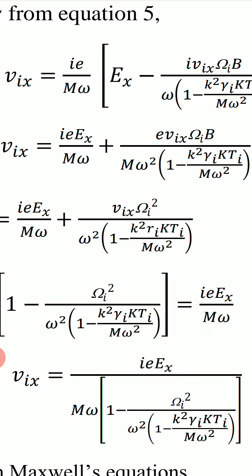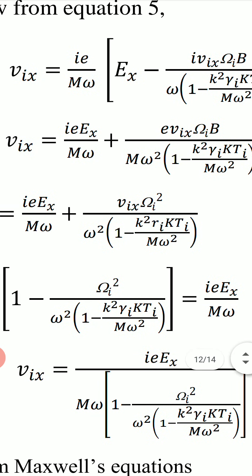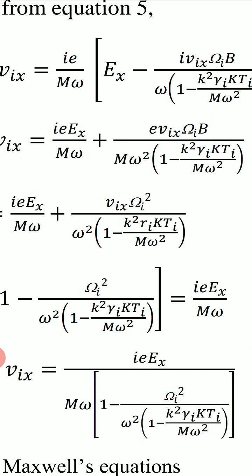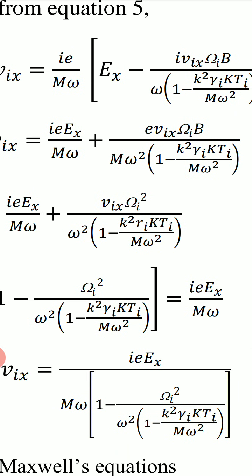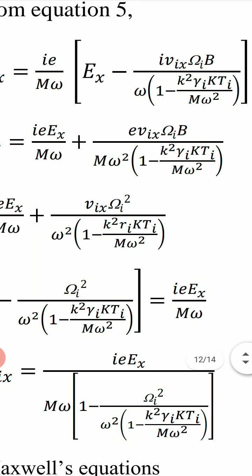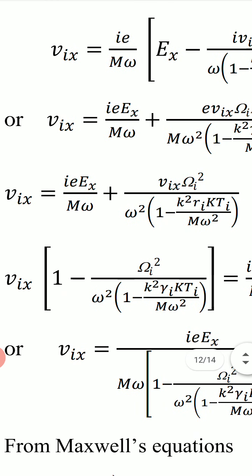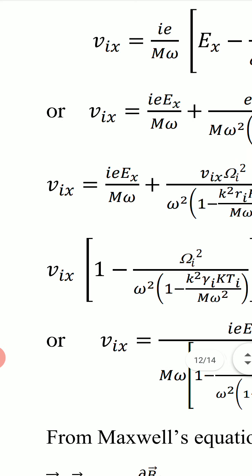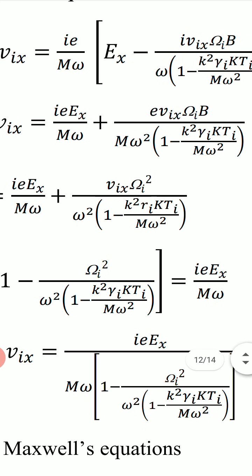Multiplying this, simplifying this right hand side, iE upon m omega is multiplied in both the terms, we get these two terms. In this second term again eB upon capital M appears, and again we write this eB upon capital M as omega i.